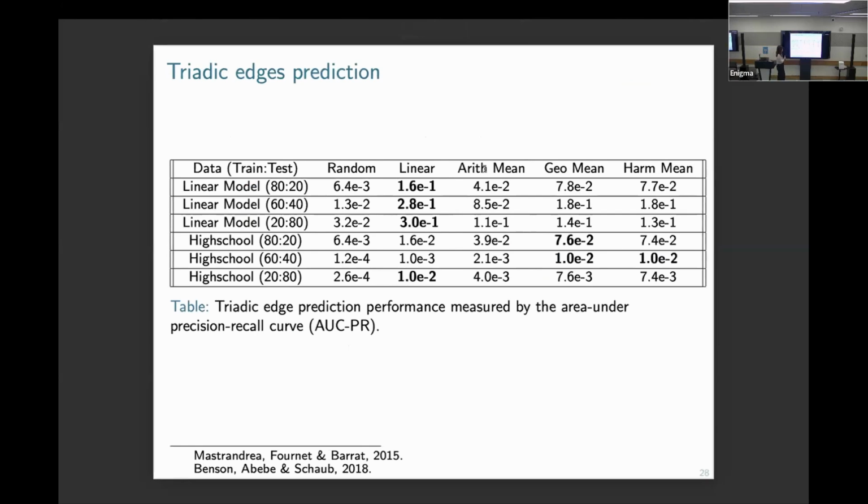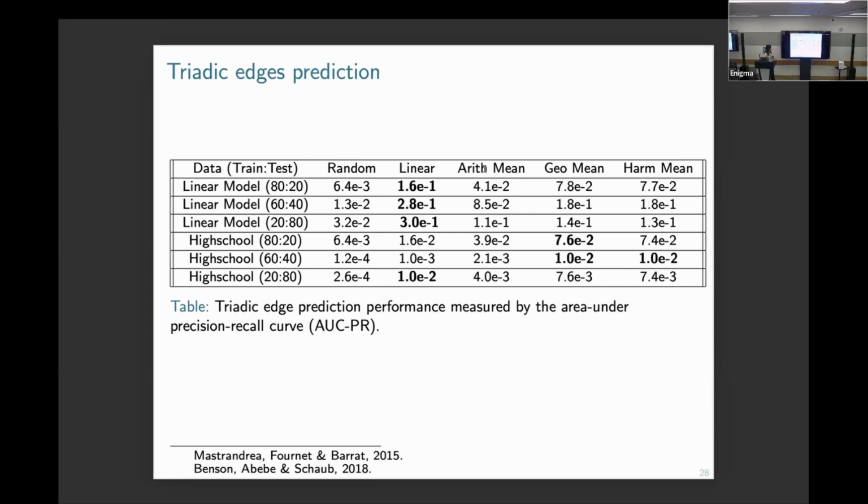This is another experiment we did for edge prediction. In the first 3 lines, we're using synthetic data generated from the linear hypergraph model. And on the 3 bottom lines, we're using high school data. In the brackets, we split the data by train and test.